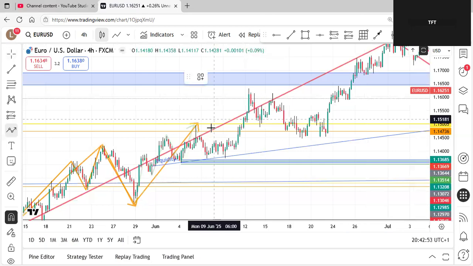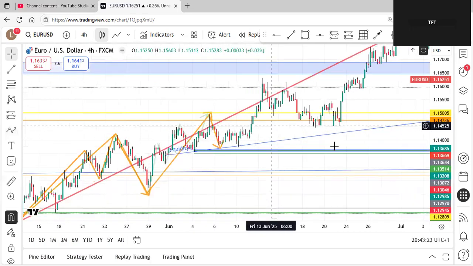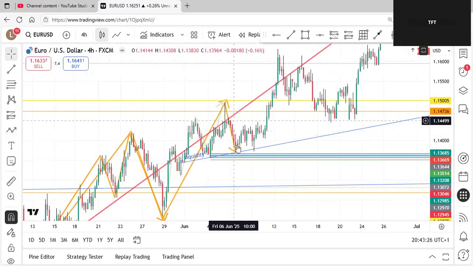One of my only rules of structure is this: this is a bullish market, so it's the reverse for bearish markets. What confirms the low on the pullback is the lowest point the price pulls back to, which is this candle here. But that's not confirmed until this high is taken.